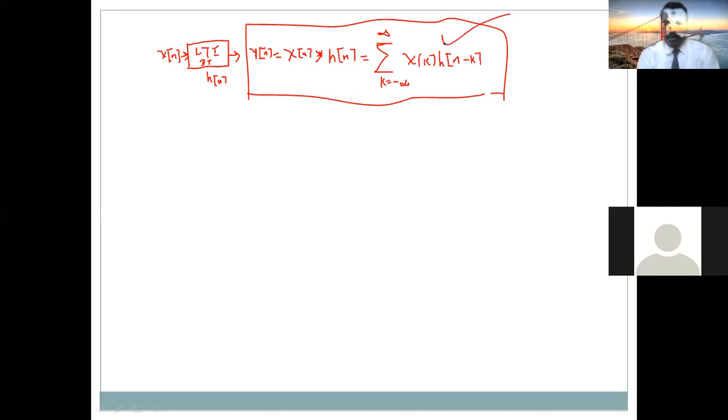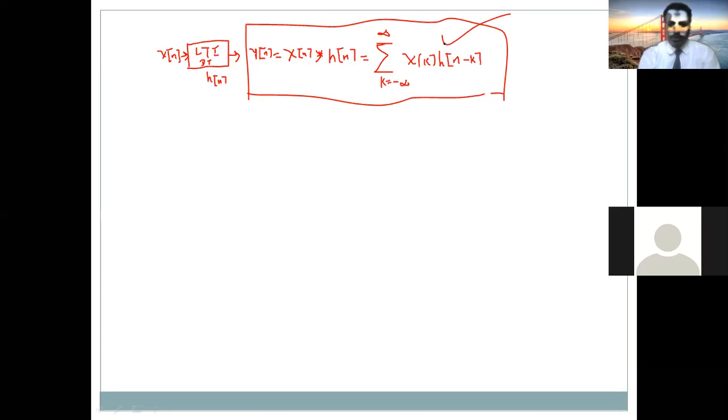It's very important in DSP. It's one of the time domain analysis methods for discrete time LTI systems, the convolution sum formula. Today we'll see one more example on discrete time convolution sum, and we'll see another very important time domain analysis method for digital systems, which is the difference equation.